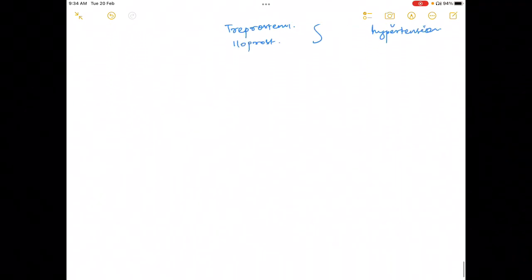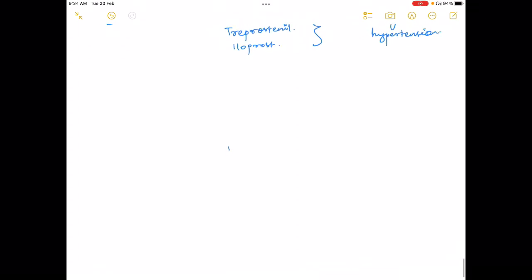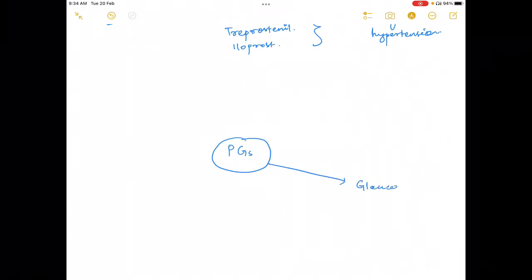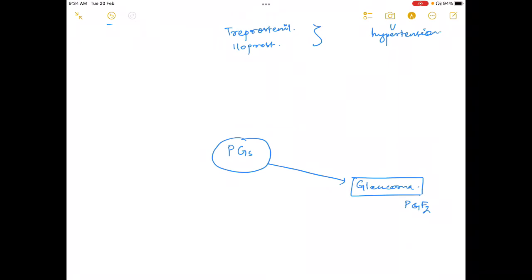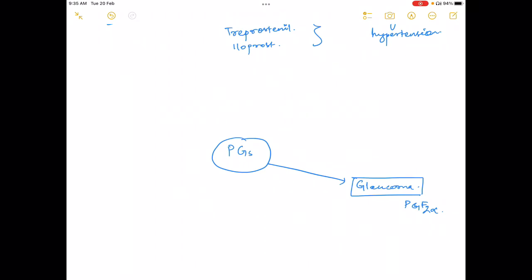Now, how will you remember the actions of PGs by means of a mnemonic? The actions of PGs are all P's and a single G. What is the single G? It is glaucoma. In this, PGF2 alpha analogs like latanoprost, bimatoprost, travoprost, unoprostone are used.